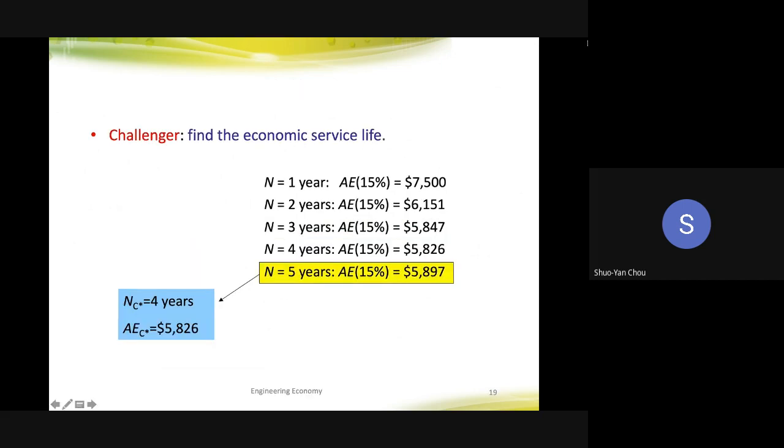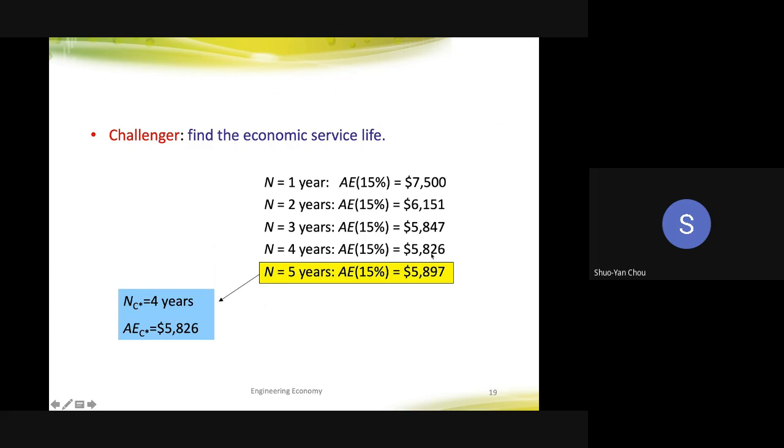And the Challenger is a little bit different. The Challenger has this kind of behavior, and it is also for 5 years. We look at its annual equivalent cost. It was high in the beginning if you only use it for 1 year, 2 years, 3 years.